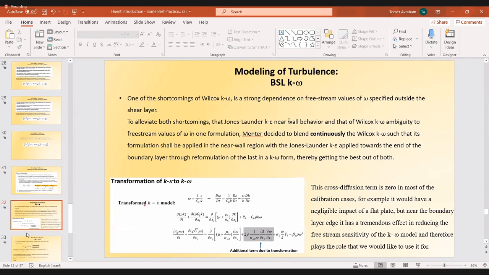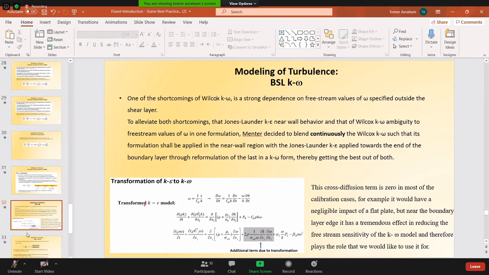After that, Wilcox took and derived the K omega model. But the K omega model, which Wilcox derived, could be integrated all the way through the wall. It was not wall sensitive; it was wall insensitive.